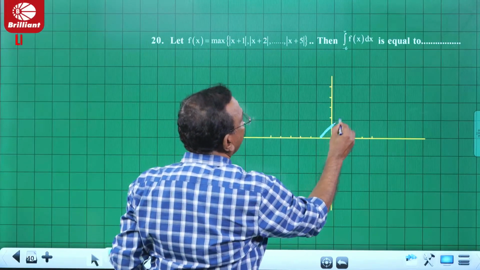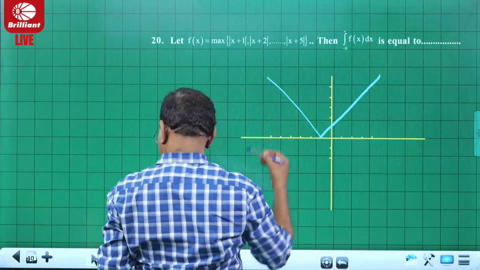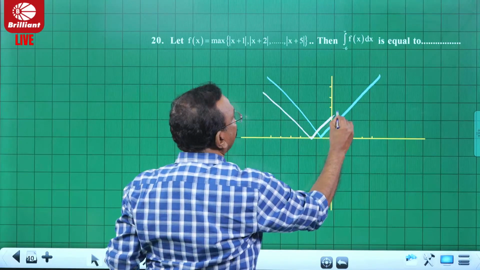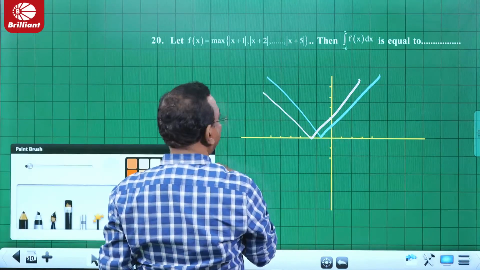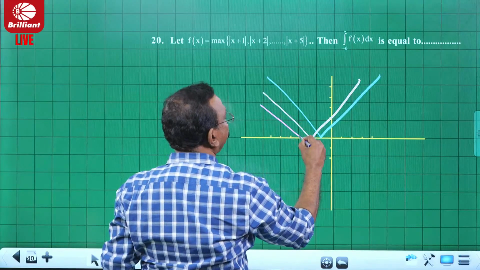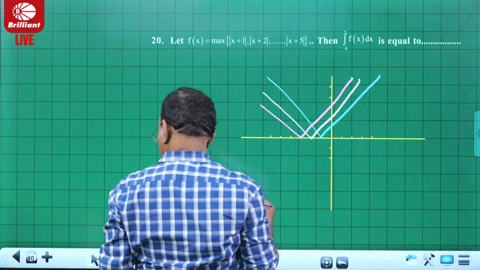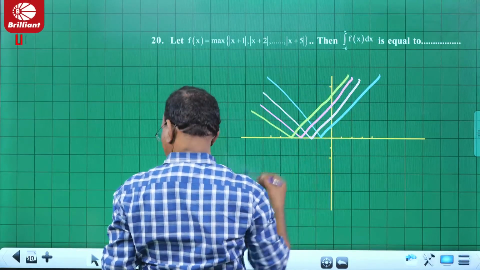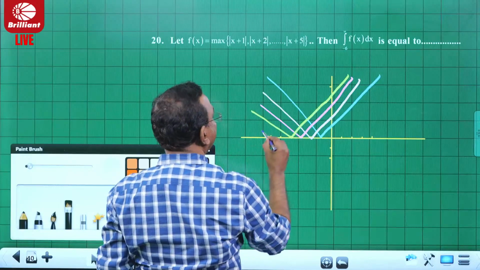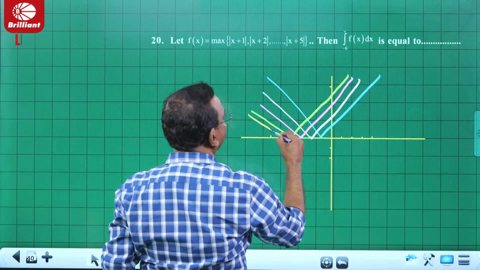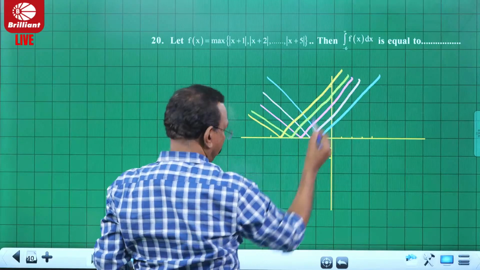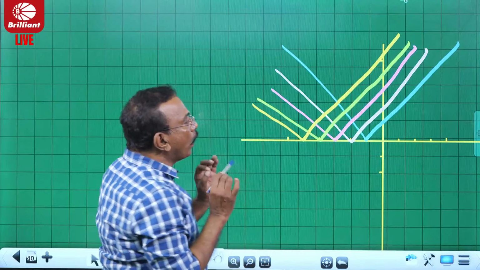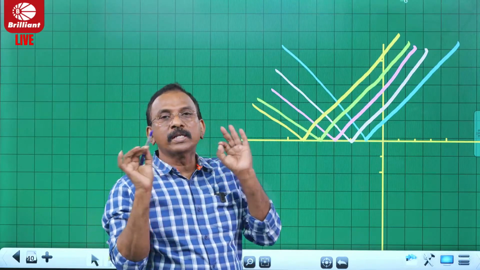This is the graph of the first equation, and the second equation is this one. The third is this, the fourth is this, and the fifth is this.